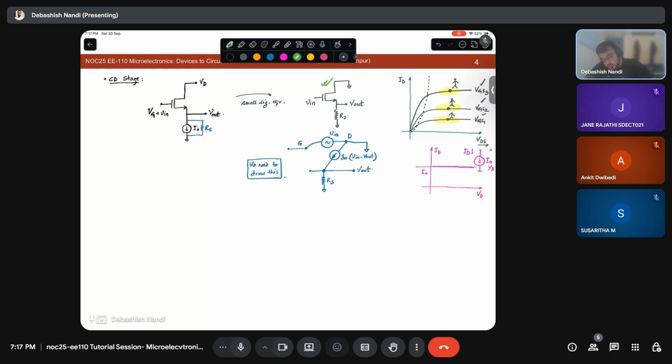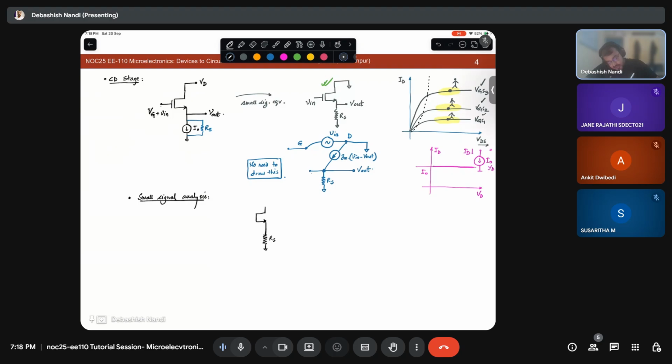Fine. So how will we do small signal analysis from now on? We'll just draw the circuit in a small signal sense.